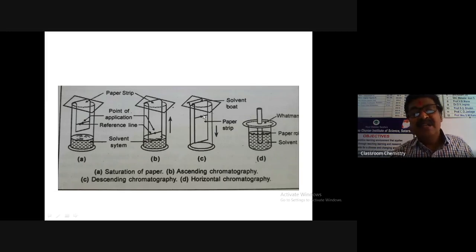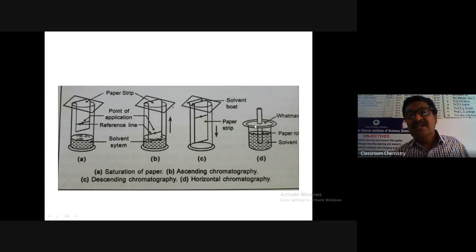While this is the descending chromatography, the solvent or mobile phase moves from top to bottom. This is downward to upward, this is upward to downward. It brings the sample along with it in a downward direction. Hence, this is known as descending chromatography.